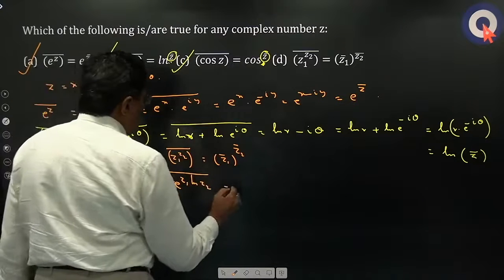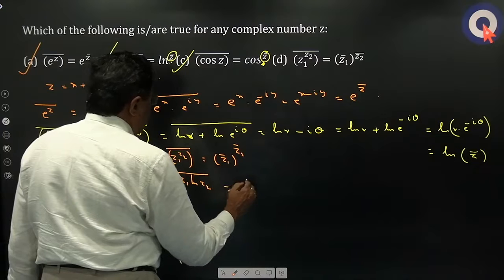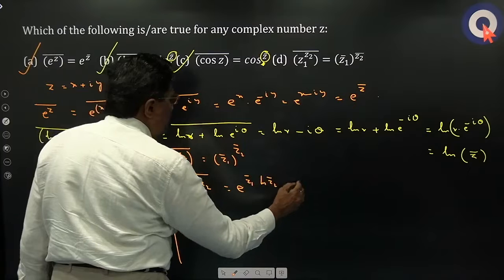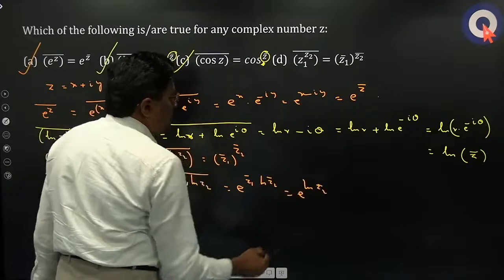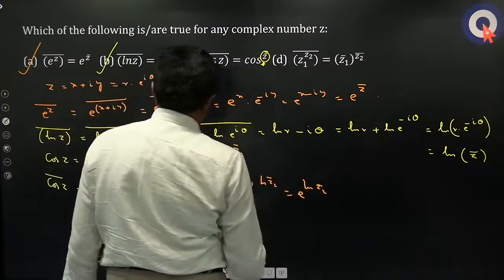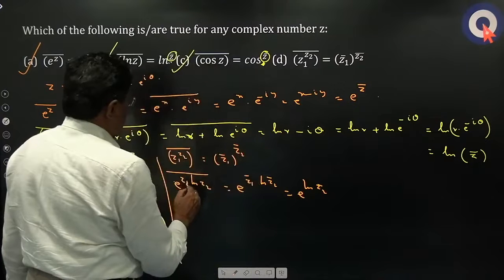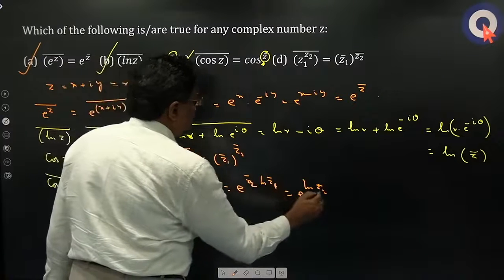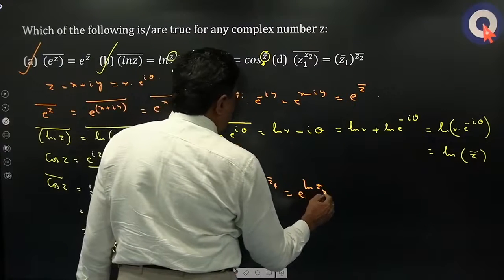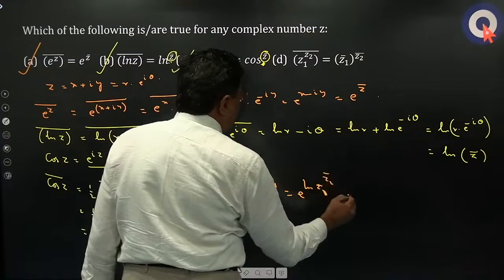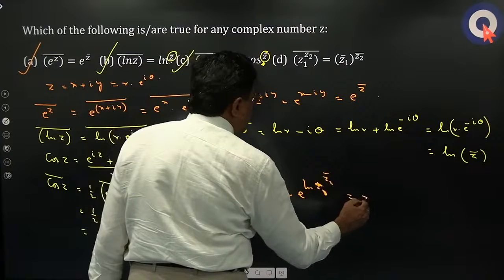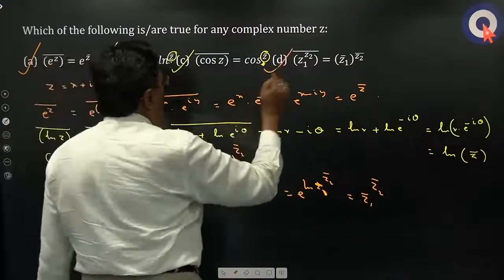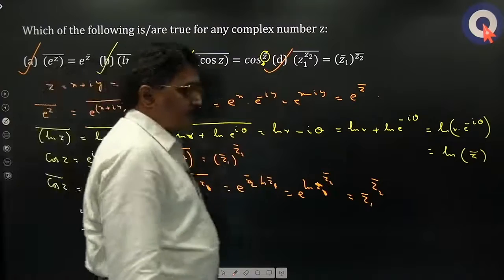So this is e power z2 bar log z1 bar. So this is e power log z1 bar to the power z2 bar. The power log something is that something. So this is z1 bar to z2 bar. So even this is correct. Therefore all the four statements are correct.